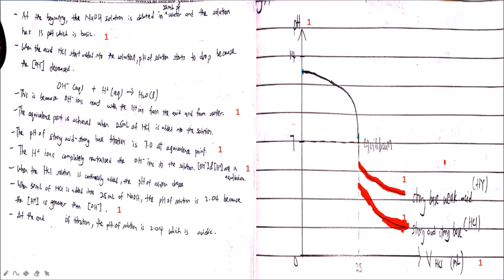So the lower concentration of hydrogen ion produced by the weak acid will only form a solution that has a higher pH value. That's why the curve of the weak acid will be shorter than the strong acid. In this last part, the mark given is only 1, and that's all for my presentation.